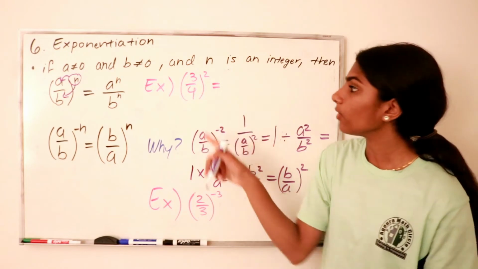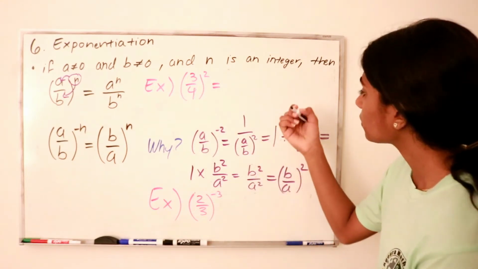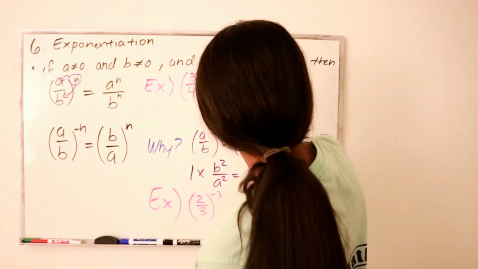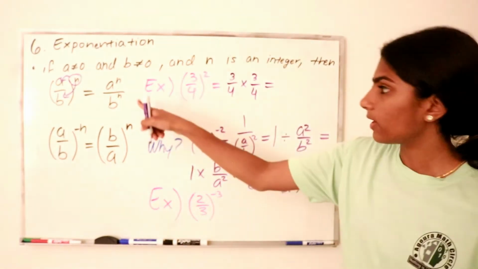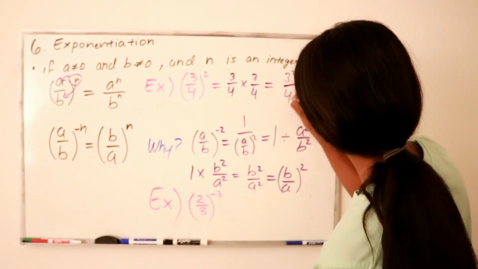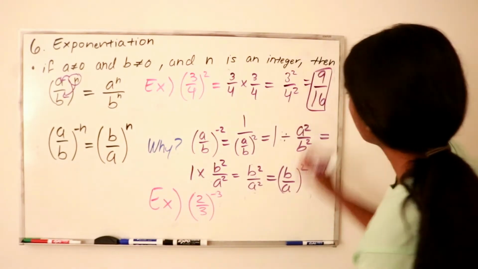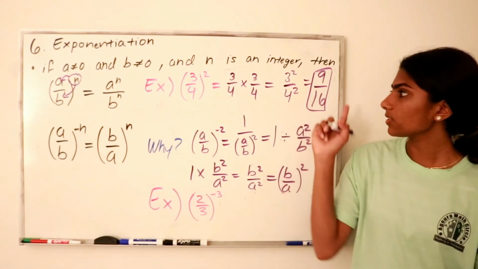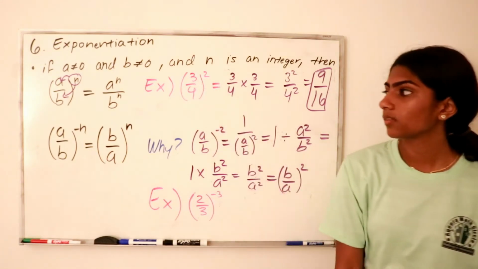So for example, we have 3/4 to the second power. Another way of writing this is just 3/4 times 3/4, and the way that we just learned is 3 squared over 4 squared, and that equals 9 over 16. And that's our most simplified answer. So our answer is 9 over 16.